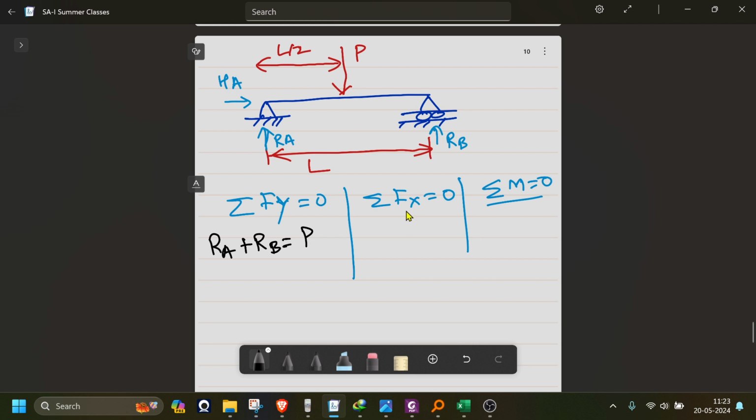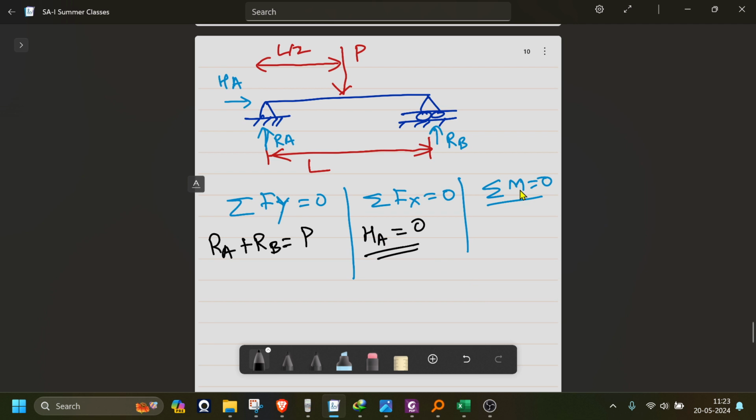Summation of Fx equals 0: the only horizontal force is HA, so HA equals 0.